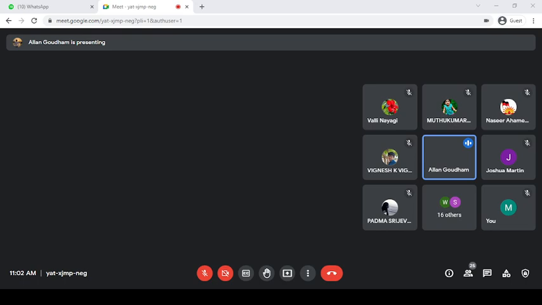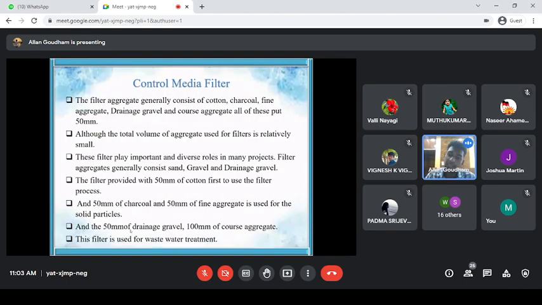In this filter we use cotton as a base, so that the sand and other particles wouldn't come out. The next layer is charcoal. Charcoal is a purest form of carbon, which is used as a filter media, so we are using the charcoal as a filter media.